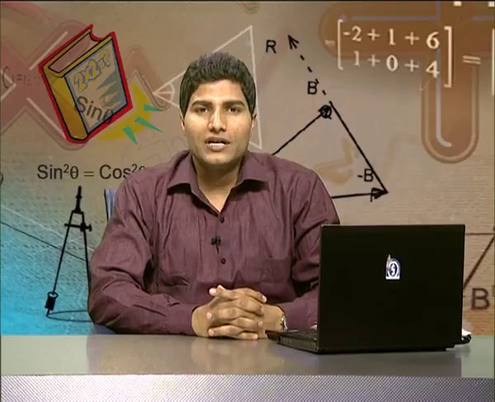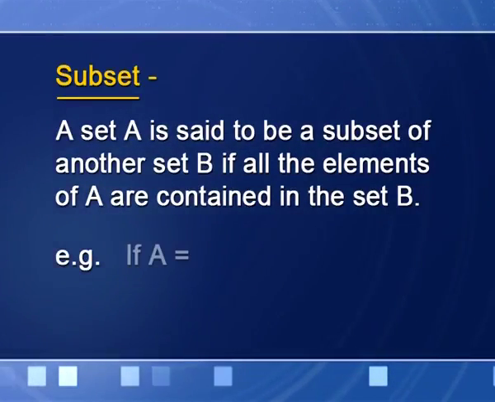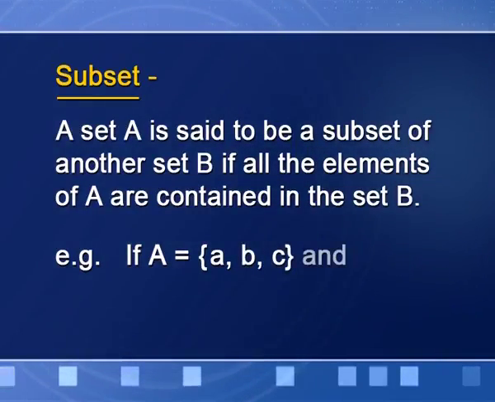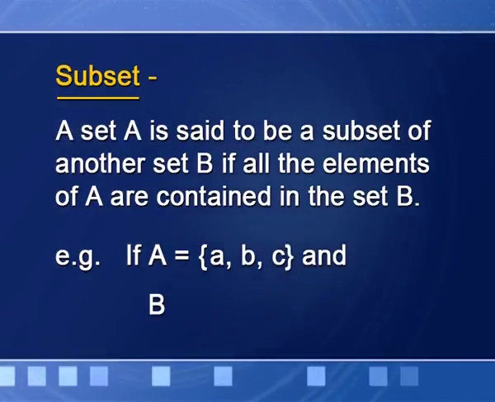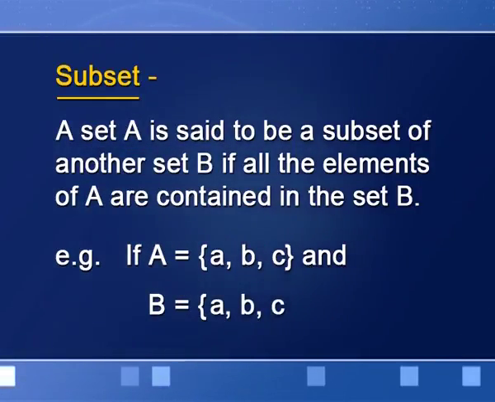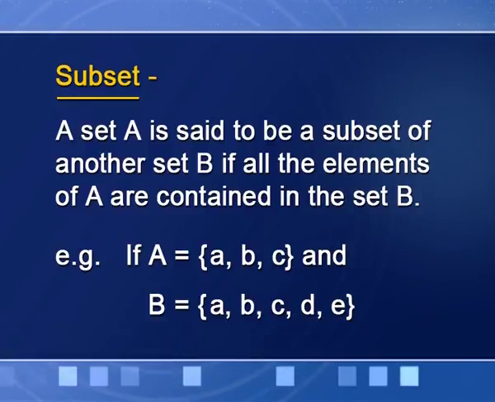Let us make it more clear with an example. For example, set A is equal to {a, b, c}, and another set B has elements a, b, c, d and e.